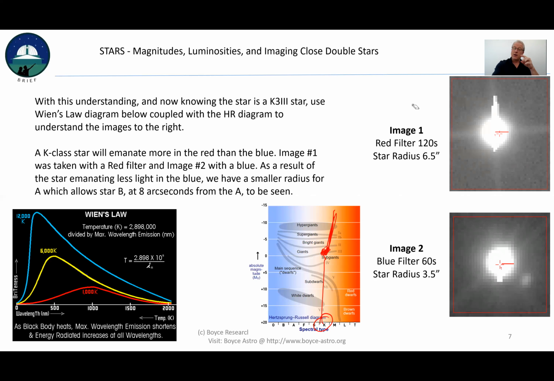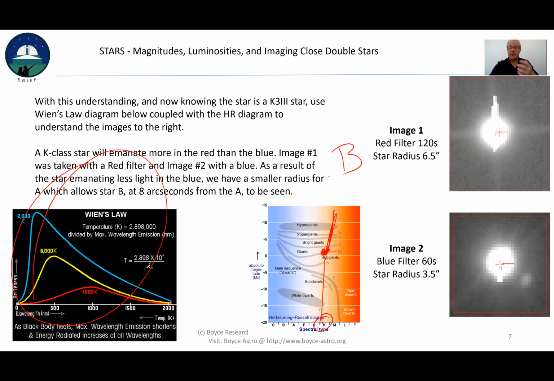But I also know, through my understanding of Wien's law here on the left, that there is less blue light coming from this because this star, as a K3, is predominantly red. So if I use a blue filter, the blue is going to allow blue light through, and it's going to block out everything else.